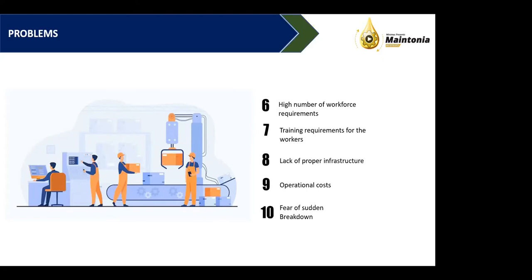It is very easy to maintain a machine than a human being. That's why organizations have HR managers. So fear of sudden breakdown will be there always, and this is nothing but sleepless nights for a maintenance professional. How will we see it? Next slide, please.